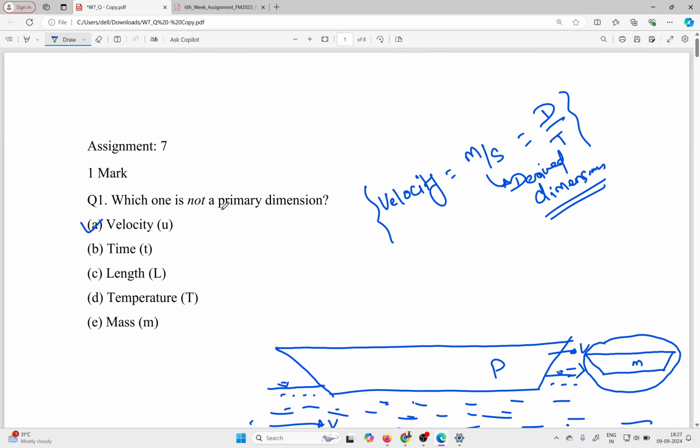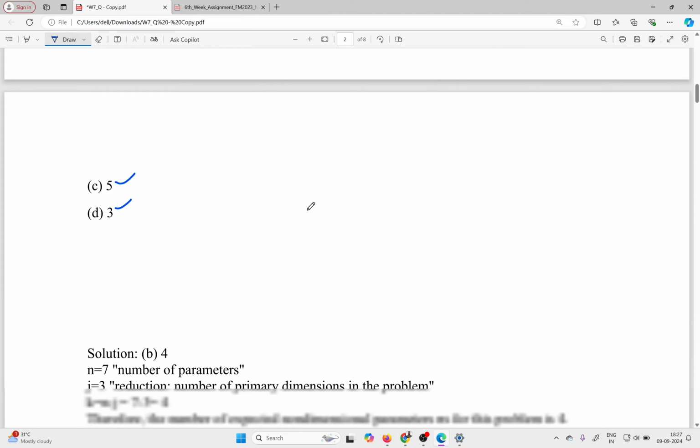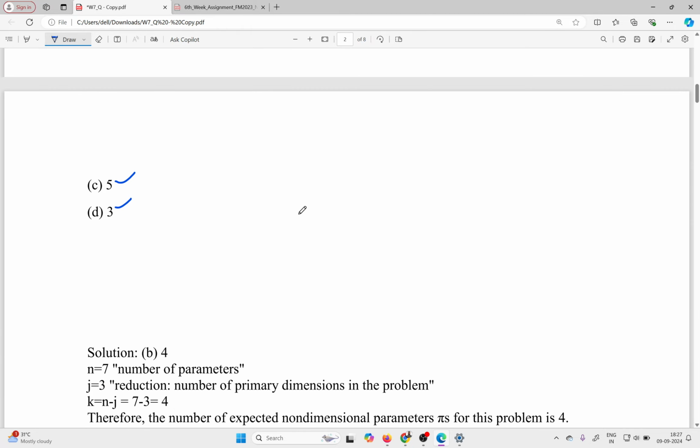If I show you, the number of parameters is 7, so n is equal to 7 as given. And the number of primary dimensions, we always need 3, please remember. So it will be 3. This is the required primary dimension.